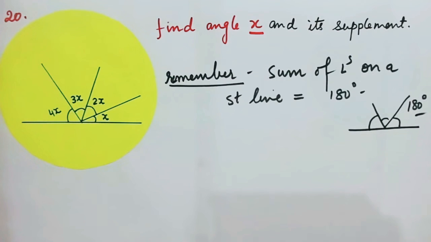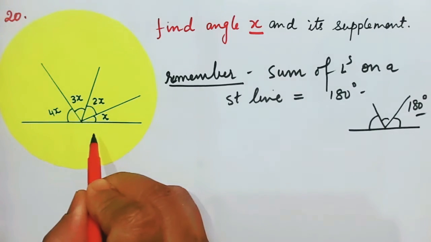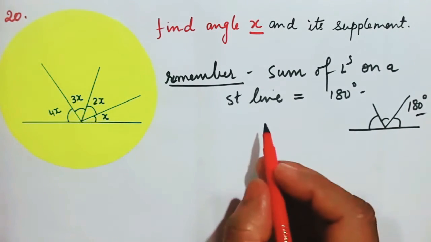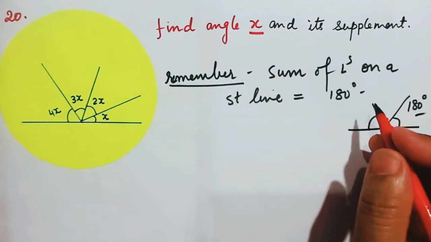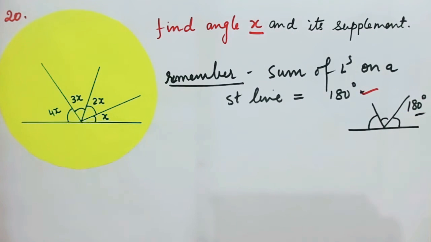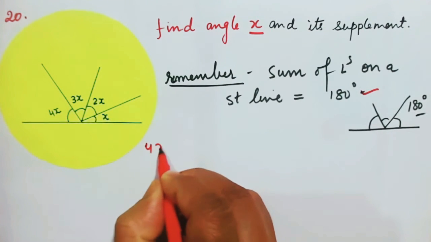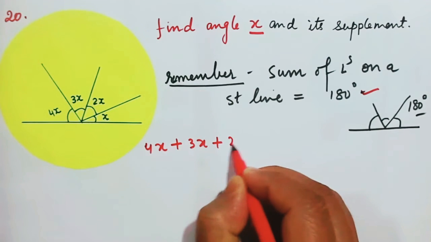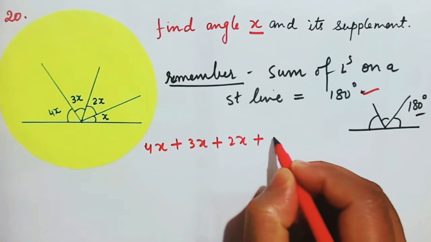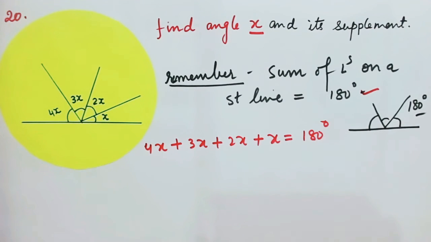This means here we are going to apply the same fundamental rule, that is, sum of angles on a straight line is equal to 180 degree. After you write this, we will write 4x plus 3x plus 2x plus x is equal to 180 degree.